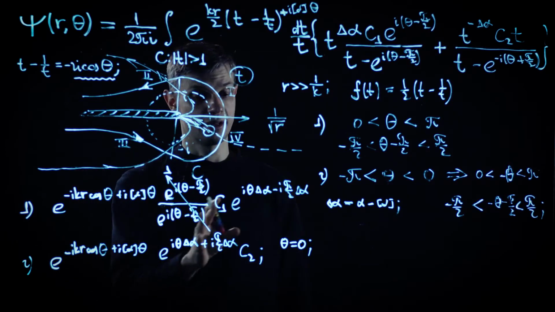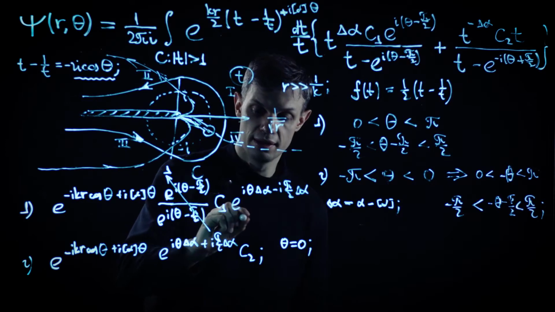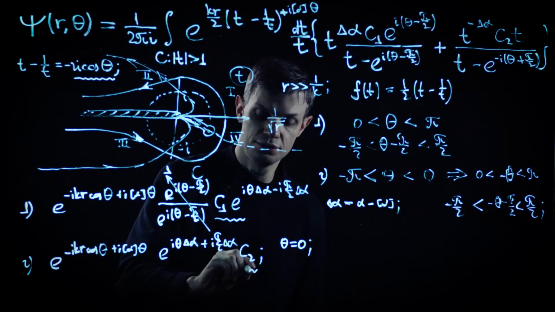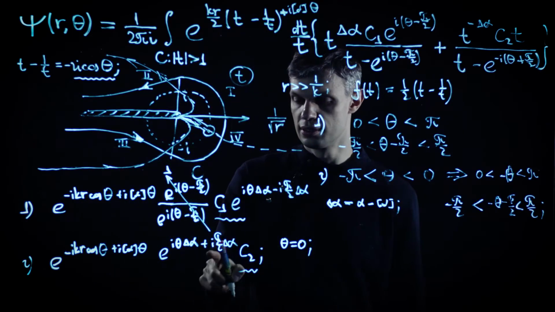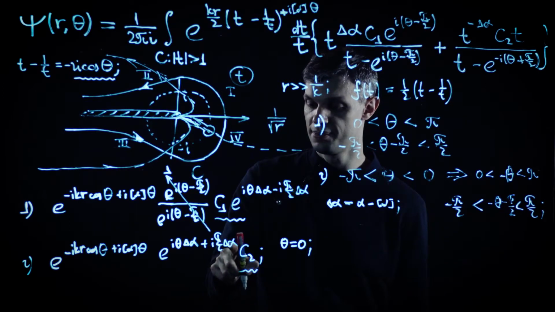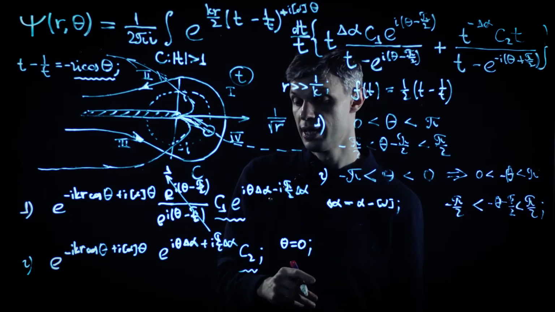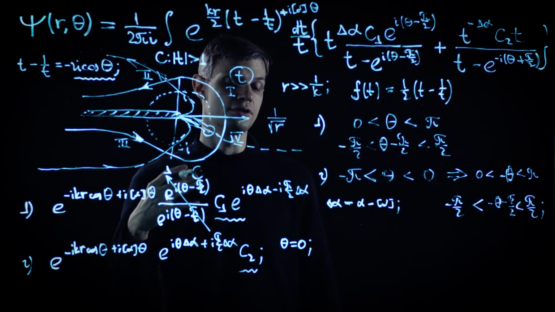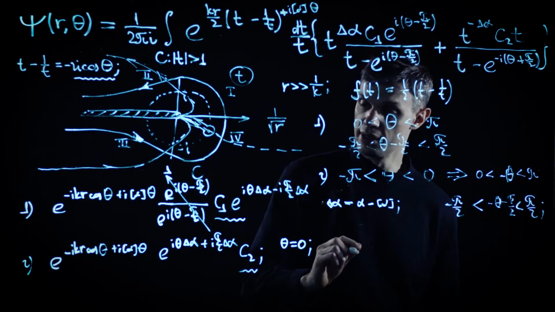They have identical theta dependence. The only difference between them is in these two constant factors, which are complex conjugates. Here you have I pi by 2 times delta alpha, and here you have the same exponent but with minus sign. So the condition of continuity of our wave function looks as follows.